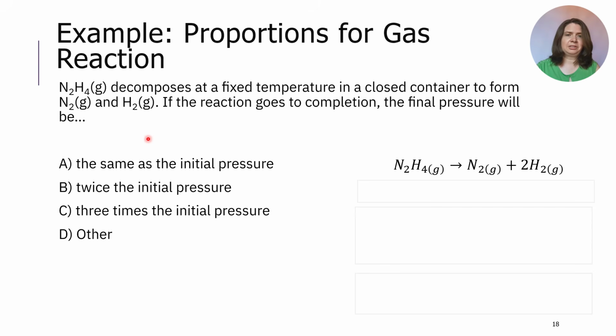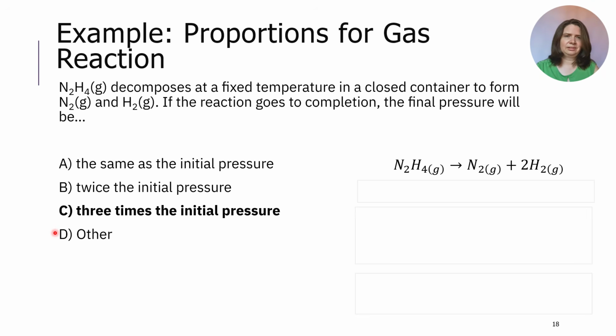If this reaction occurs in a closed container at constant temperature, what happens to the pressure after the reaction goes to completion? Is it A, the same as the initial pressure, B, twice the initial pressure, C, 3 times the initial pressure, or D, other? The correct answer is C, 3 times the initial pressure.